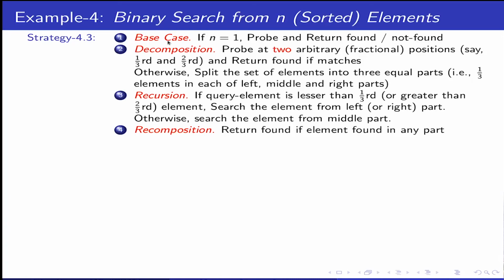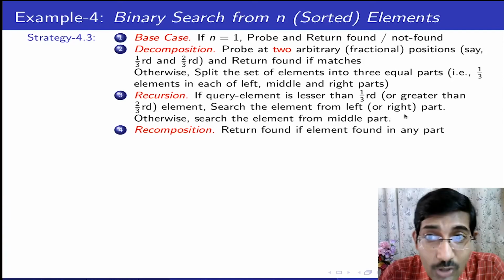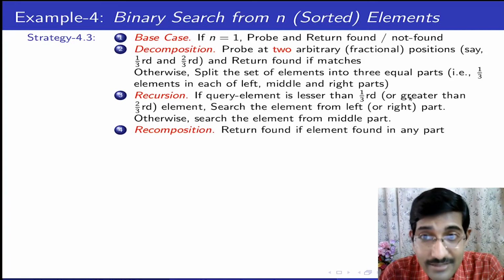So we probe the 1/3 position, and then again the 2/3 position, and break it into 3 parts. How does it help? Because now, depending on my query element value, I know whether it is in the left part, I have to search again, or I have to search again in between the 1/3 and 2/3 element, or I have to search again on the right side of the 2/3 element. Because the array is sorted, that is what our assumption is.